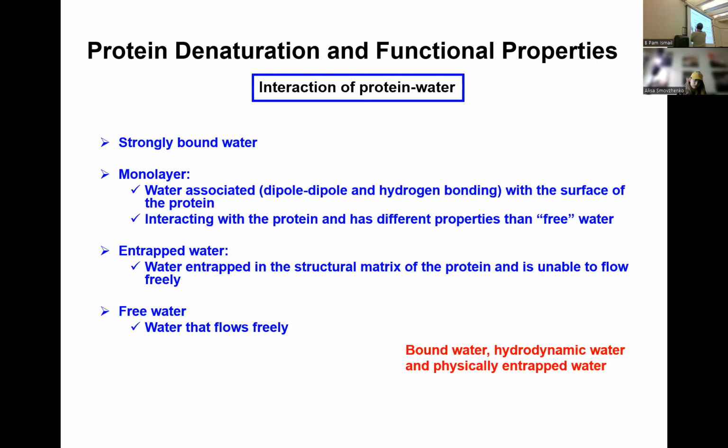It's bound to the different amino acid residues within the protein. You have the entrapped water that is bound in the three-dimensional matrix. And then you have the free-flowing water or hydrodynamic water. So bound water, hydrodynamic water, and physically entrapped water. Okay. So these are the terms that you would want to know.